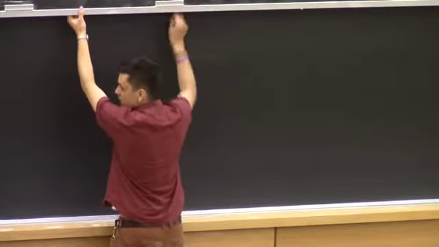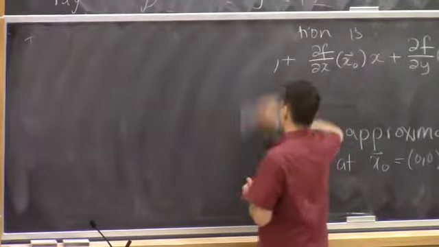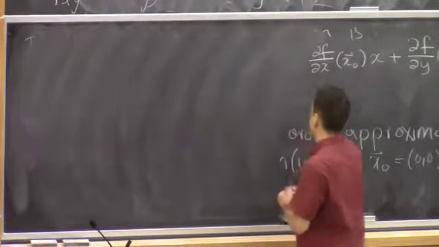So now I want to state in full generality the approximation theorem for many variables, many dimensions. Okay, in order to do that, we need a new piece of notation.